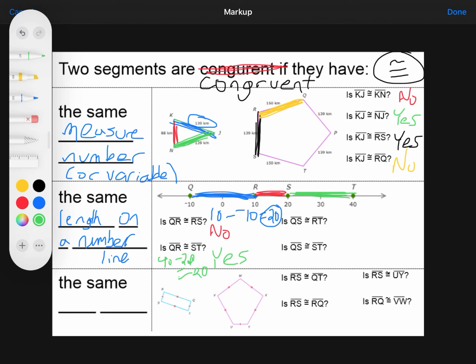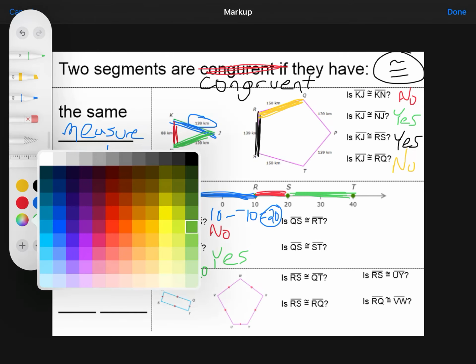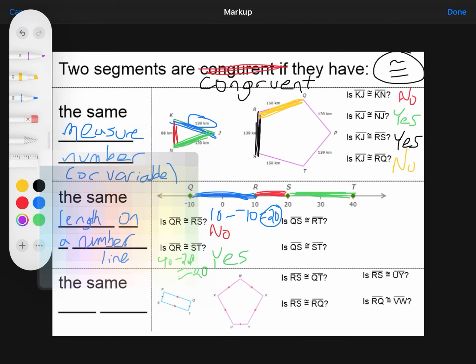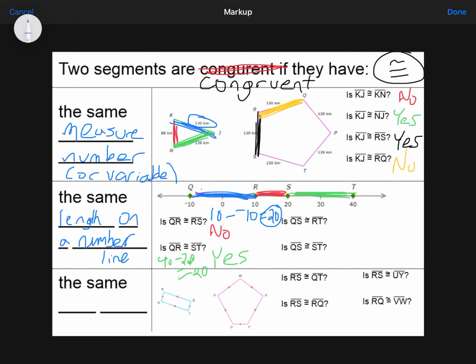The next one has QS. Give me a second to get some purple, since we have a red distance and a blue distance put together. I'm going to make that a purple distance for QS. And QS is clearly 3 spaces long, or if you subtract their numbers, 20 minus -10 is 30.